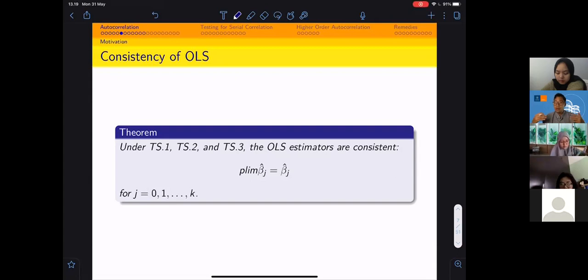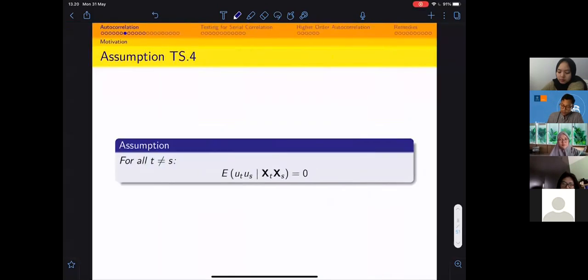The property that you want to achieve for an estimate is either you have an unbiased estimate, or for some particular setting, you want a consistent estimate. So that's the ideal goal of an estimation. Okay. All right. Now, I'm going to go through the next assumption.